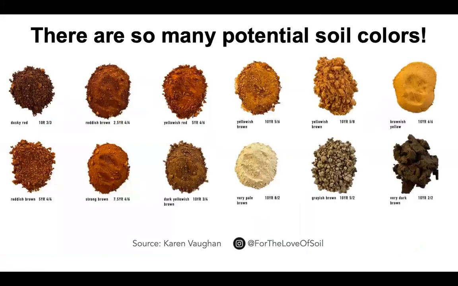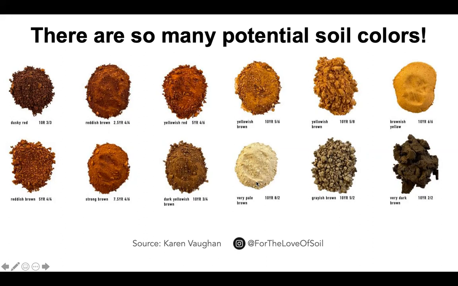But there are so many potential colors. Again, Karen put together this wonderful sampling of different soil colors. So maybe pause the video and take a look at these, and compare your understanding of hue, value, and chroma to what these look like. But you can see, again, you have everything from these reds and browns and whites and blacks and yellow.